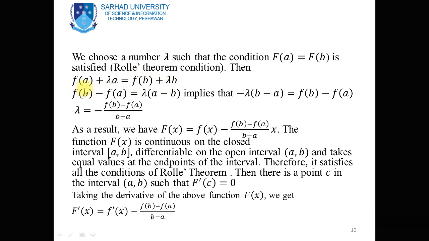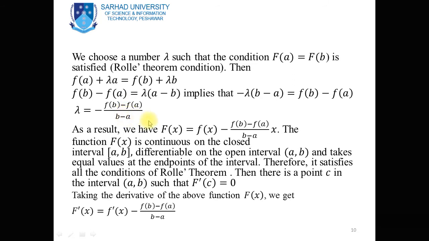Now we can write f(b) - f(a) = λ(a - b), and this implies that -λ(b - a) = f(b) - f(a). Now for λ, we can write λ = -(f(b) - f(a)) / (b - a).